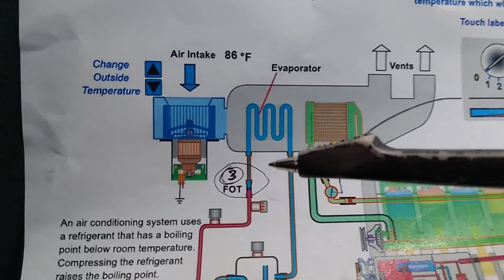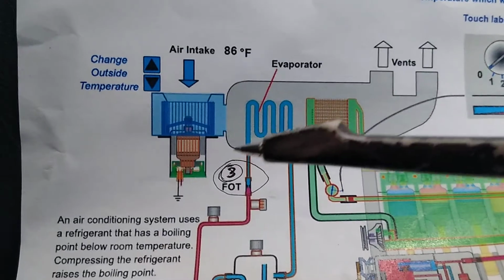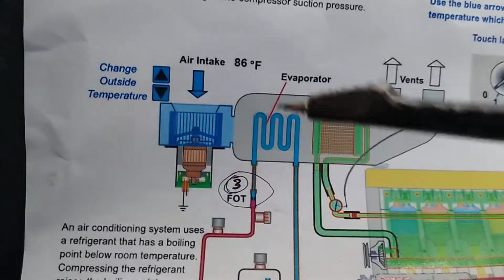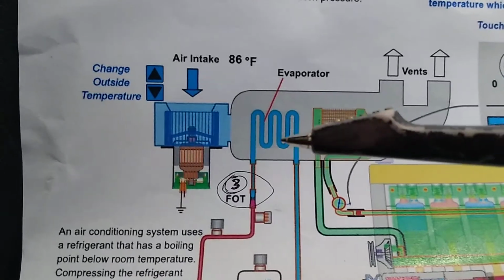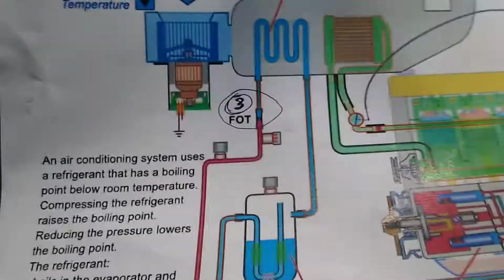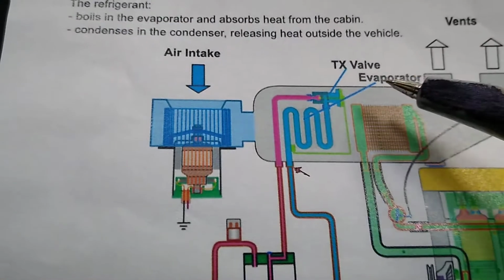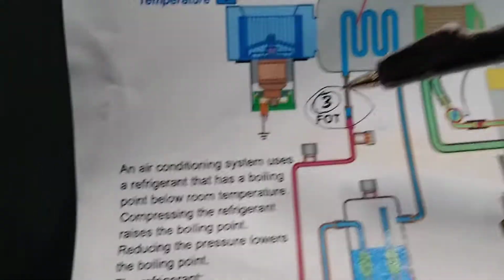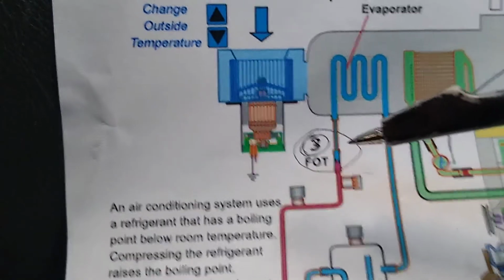From there the liquid travels to the small orifice restriction that reduces the pressure of the refrigerant. A fixed orifice tube or thermal expansion valve, which is this one right here, located right here on this illustration.